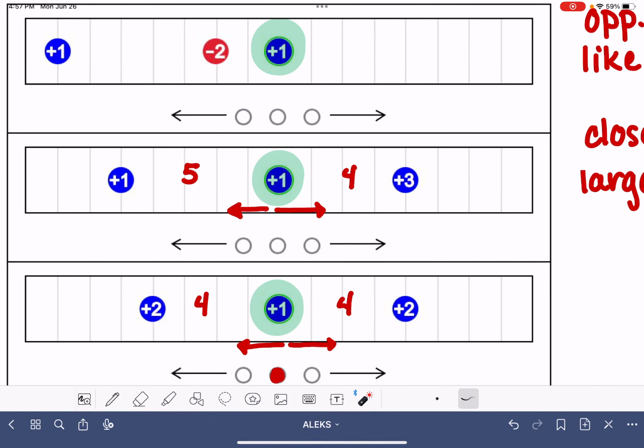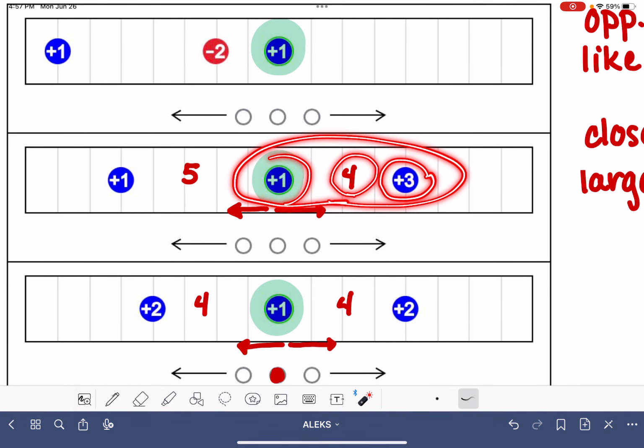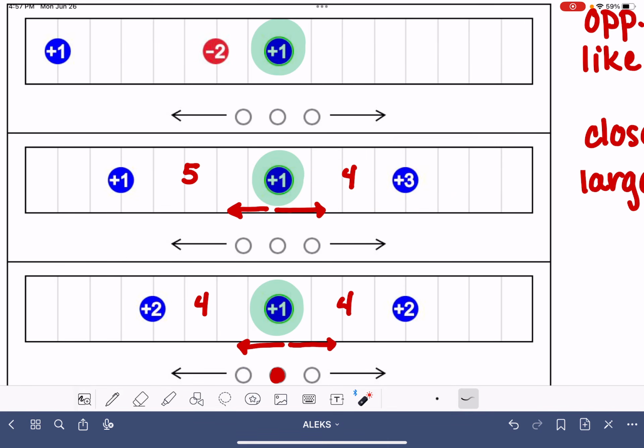So in this situation, we have a greater charge that is closer in distance to that center particle, which means that this situation here is going to have a much stronger effect than whatever forces are experienced on the left-hand side. This is going to have a much stronger effect, which means that this particle is going to be pushed to the left.